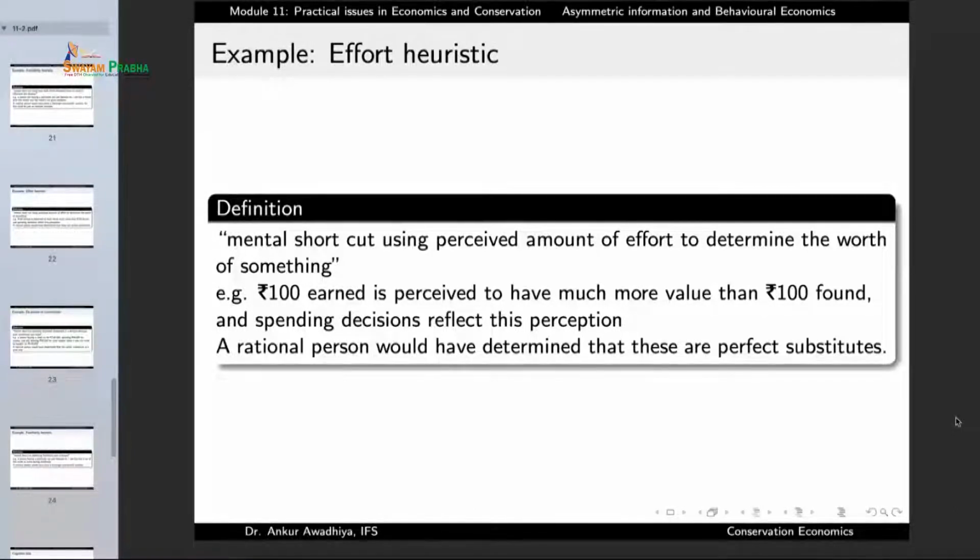A rational person would have determined that these are perfect substitutes. So what is happening here is that if you are earning something, if you are putting in effort to do something, you put a larger value on it. But if you were gifted the same thing by somebody, or you found it lying somewhere, then you do not put that higher value on it.